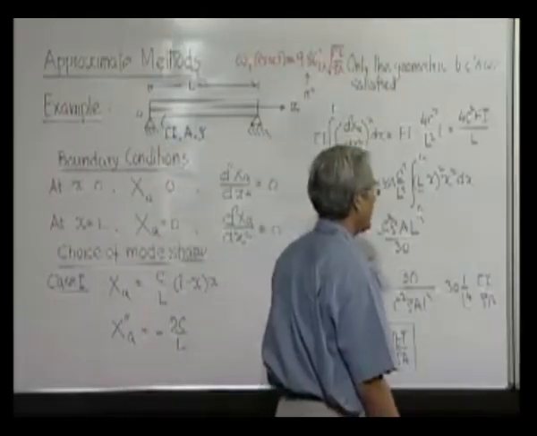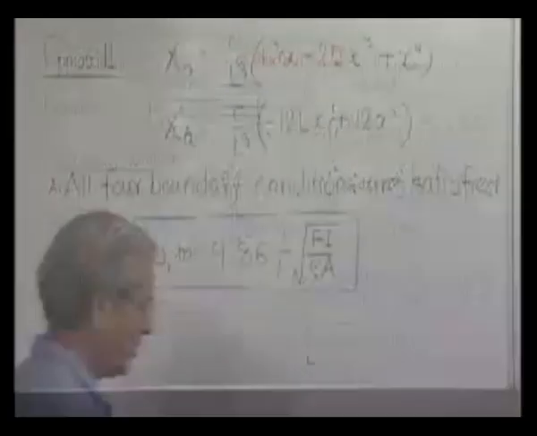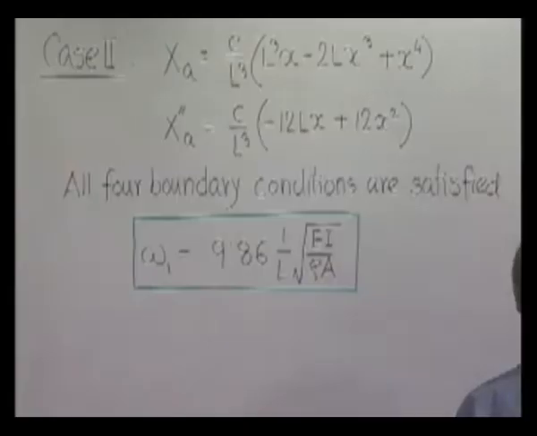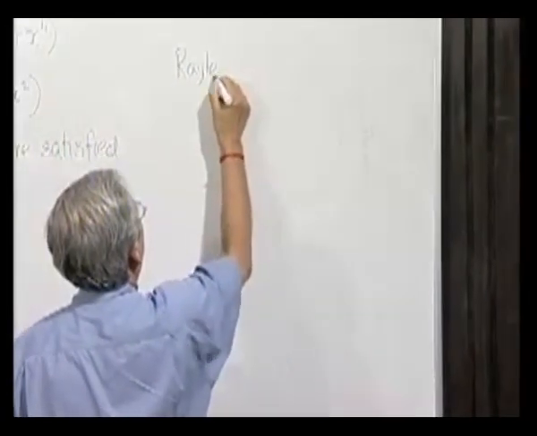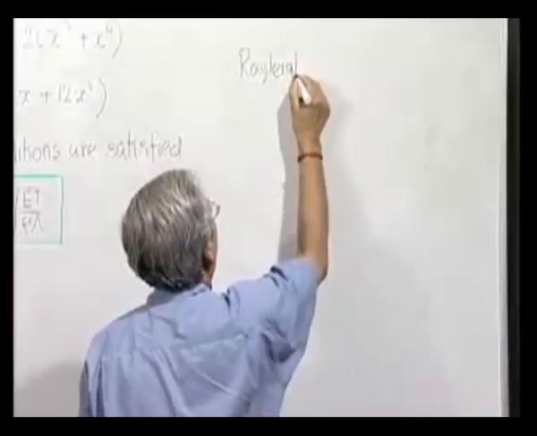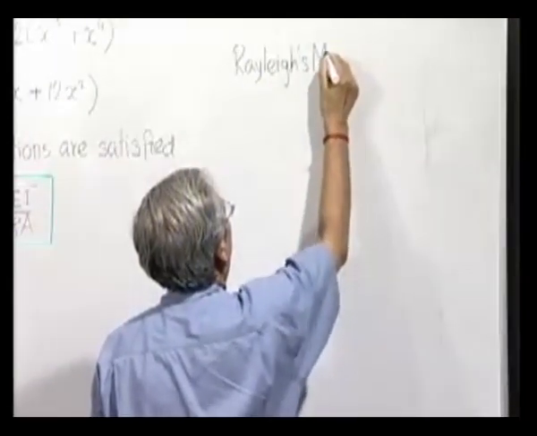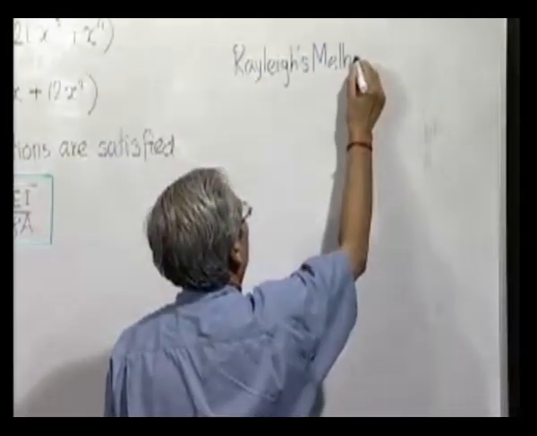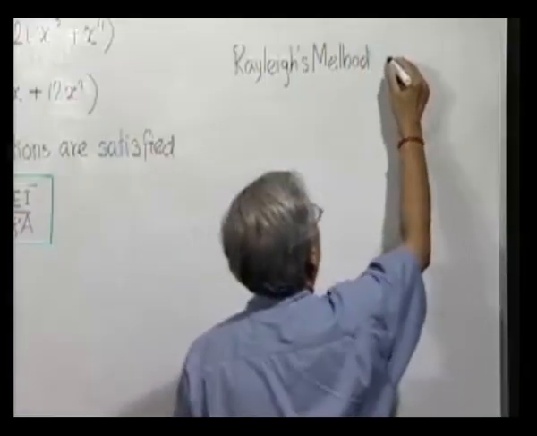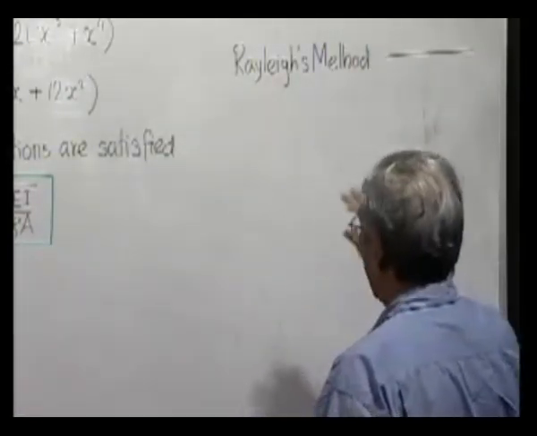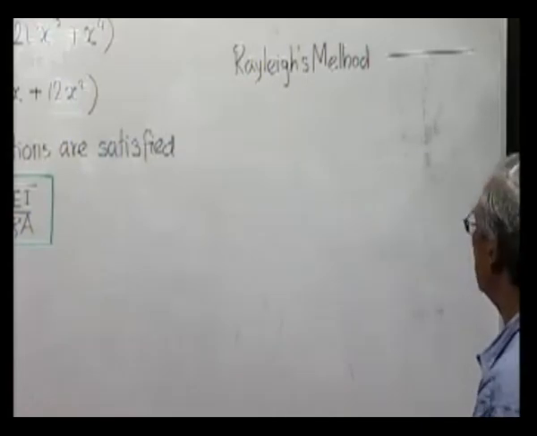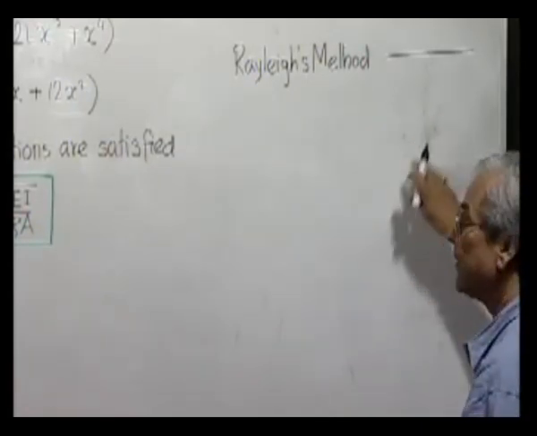So as a result, this Rayleigh's method will give us a limit, whatever value we get, the actual value of the first natural frequency will have to be below this.